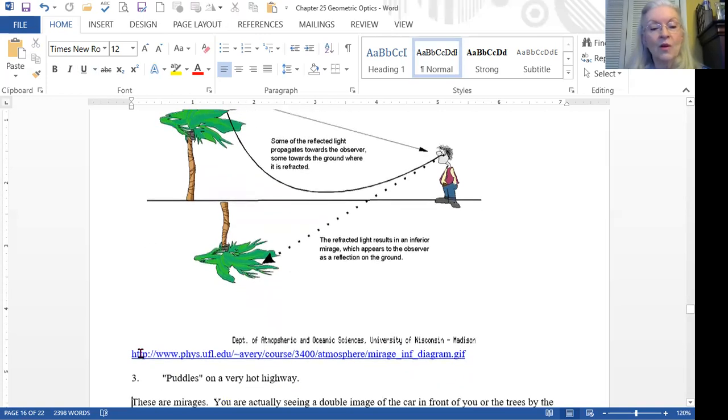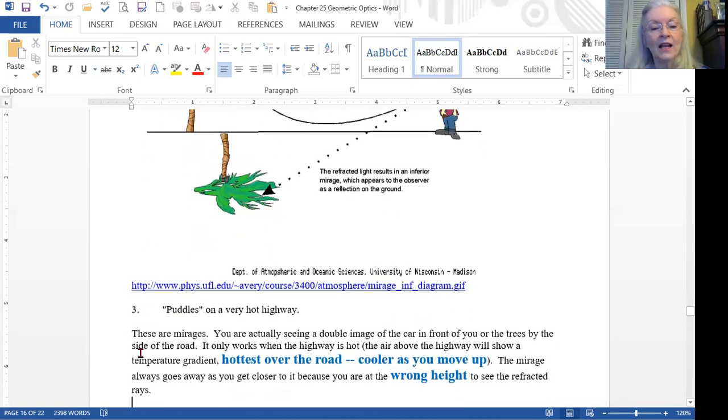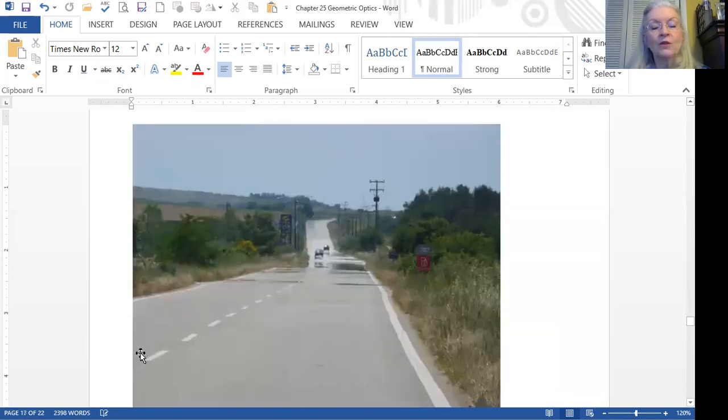And the same is true on the highway. On the highway, the image disappears when you get to be the wrong height. So if we look out, this is a photograph of a car on a hot road, and you can see these little shiny places. They're those little puddles that I talked about. What you're really seeing is a double image.